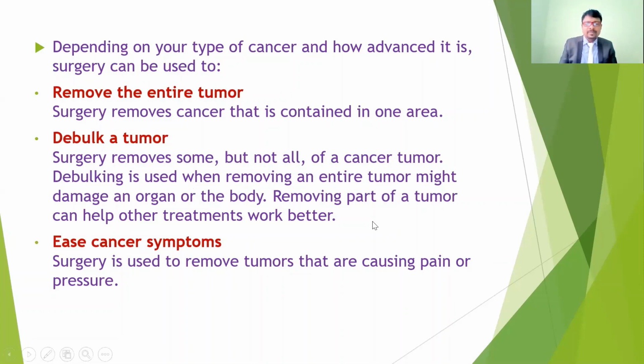Removing part of the tumor can help other treatments work better. The importance of debulking is that, if you give it along with these surgical procedures, it is also helpful for chemotherapy as well as radiation therapy, and it is easier to reduce complications. Surgery is also important to remove tumors that are causing pain or pressure.